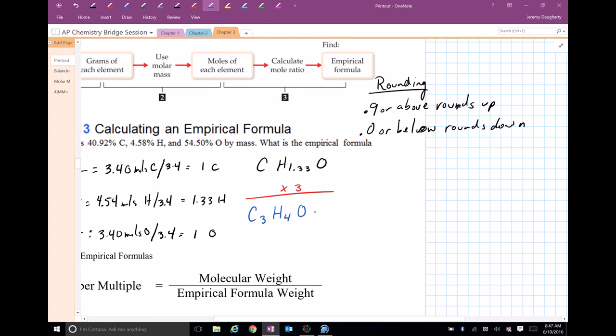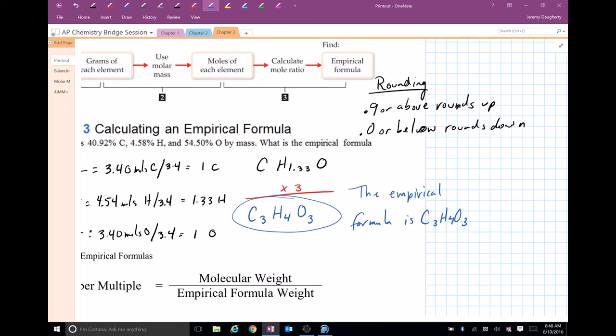So there's my empirical formula. I'm just going to jot that down. The empirical formula is C3H4O3. Any questions on that?